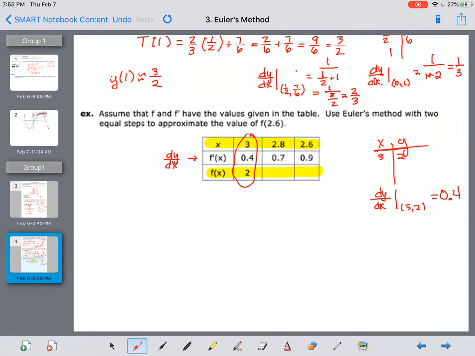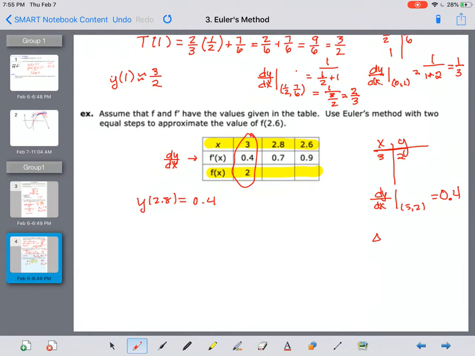So now we're trying to estimate the 2.8. So our y of 2.8 is our slope, which is 0.4. Now the only thing we didn't do is our change of x, but if we look at our table, our change of x is kind of pretty clear. It's actually a negative value, so we're going down in value.